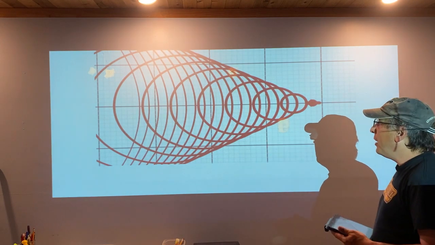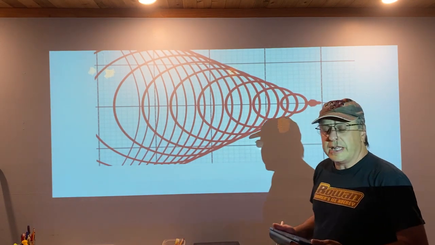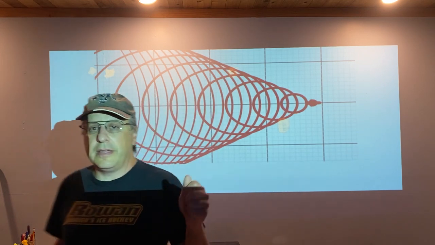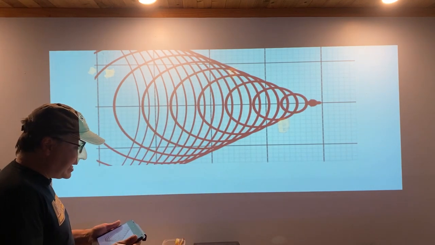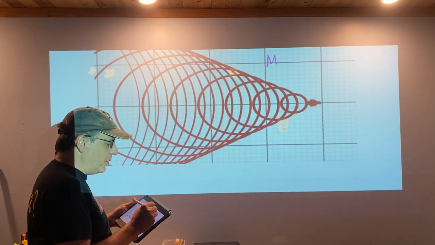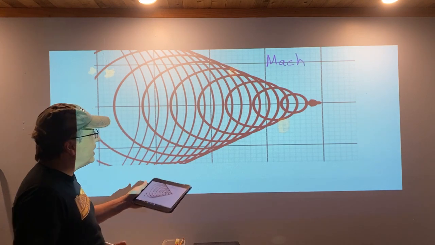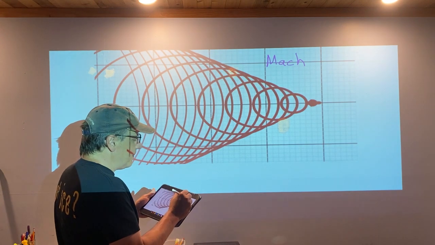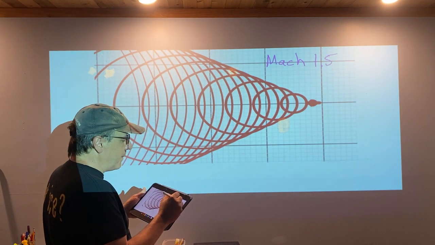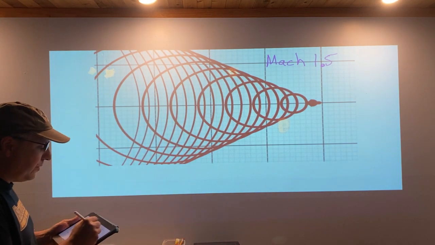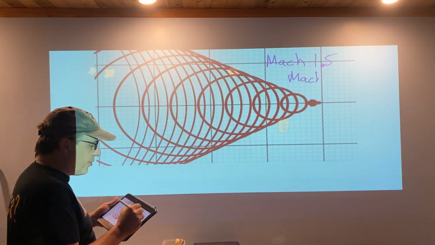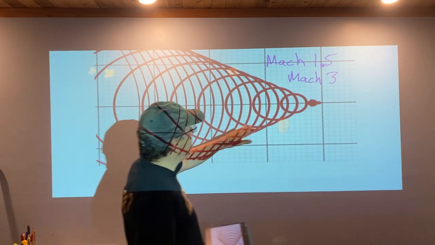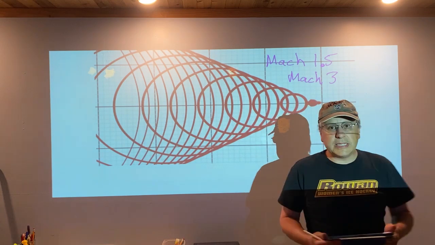Finally, we have an object that has broken through the sound barrier and is now traveling faster than the speed of sound. Oftentimes when we're moving this fast, instead of giving an actual speed in miles per hour or meters per second, we might say something like Mach 1.5 or Mach 3. What that means is Mach refers to the speed of sound.